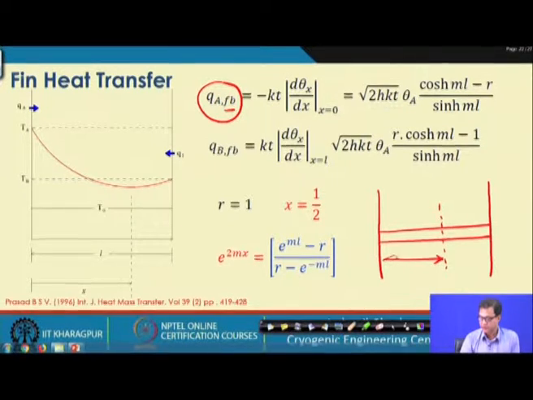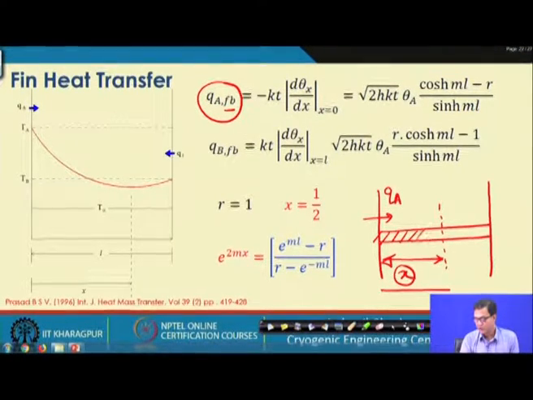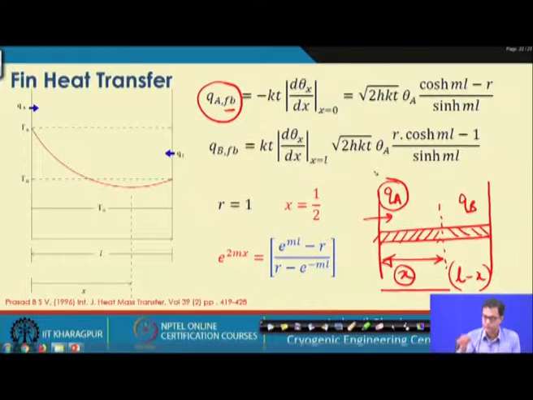So, that is the distance x. If it is located at a distance x, then we integrate and find out Q A over this length. Now, this Q B we have calculated over this length L minus x, but here how are we estimating this Q A, and how are we differentiating it?